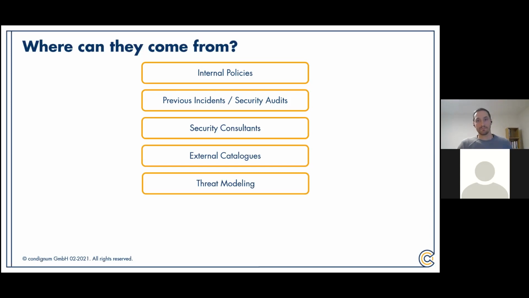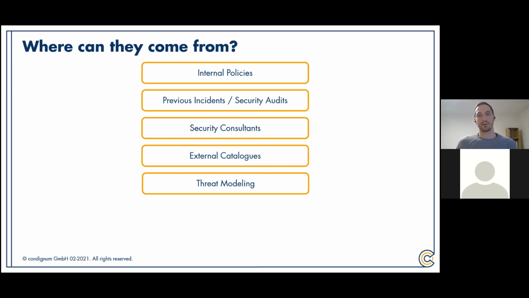Then there's a technique called threat modeling. I hope most of you have already heard about that. This is a very effective technique, which results in a lot of different security requirements. It takes a little bit of time and a little bit of knowledge, but I can really recommend you try it out.